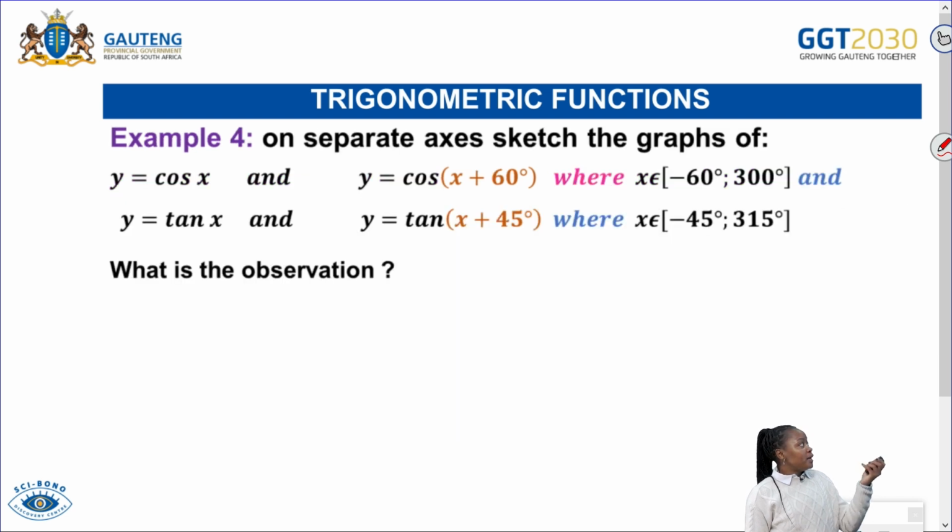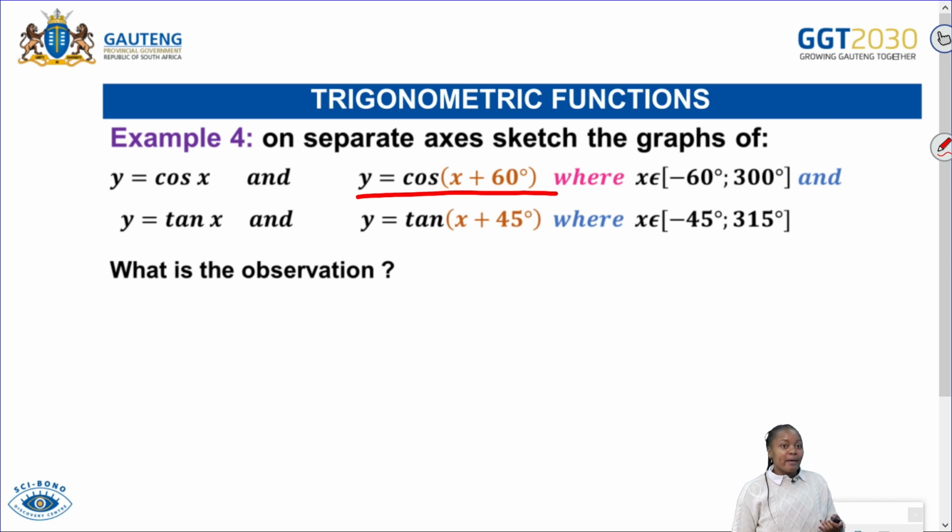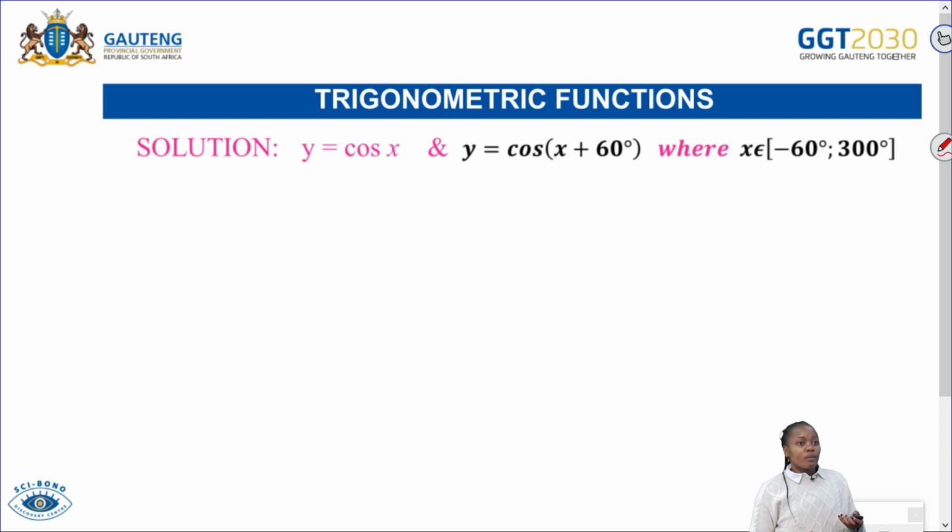Okay, let's look at another example, example number 4. It says, on separate axes, sketch the graph of y equals cos x and the graph of y equals cos of (x plus 60 degrees), where x is an element of negative 60 to 300 degrees. So we're going to do the same thing that we did.